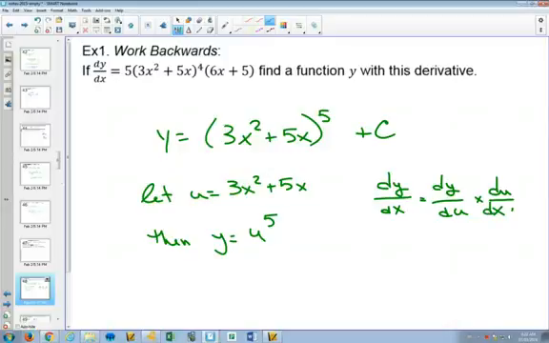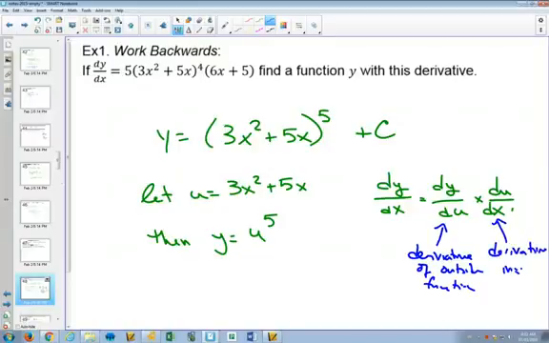Basically what this is saying is do the derivative of the outside function and multiply by the derivative of your inside function. And this is Leibniz notation for chain rule. It's in your formula booklets.